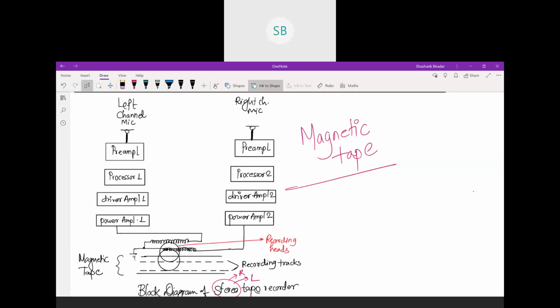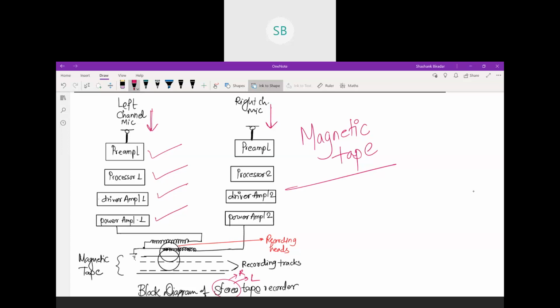The output of right and left microphones, so here we have stereo microphones, are applied to the chain of preamplifier, processors, drivers and power amplifiers. The power amplifier drives two recording heads as shown in the figure. Here we are employing the balance control potentiometer.